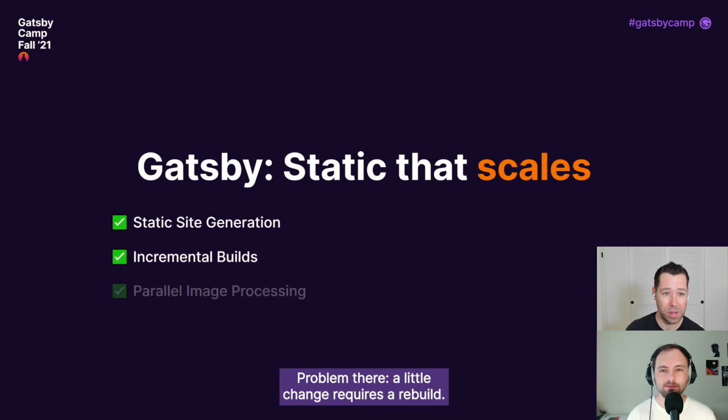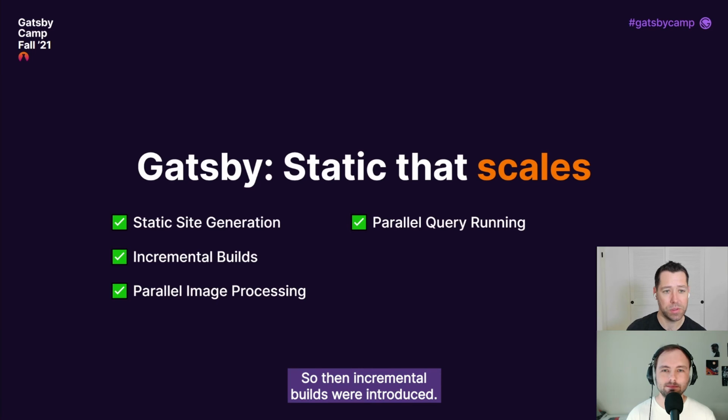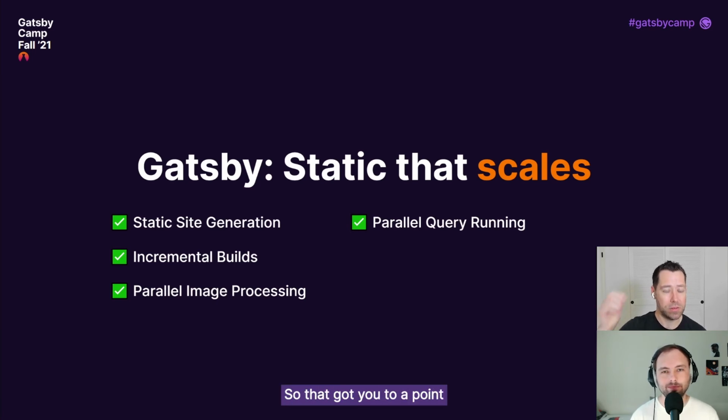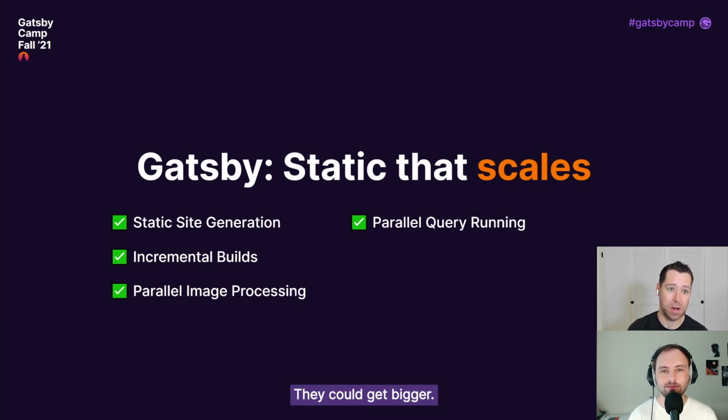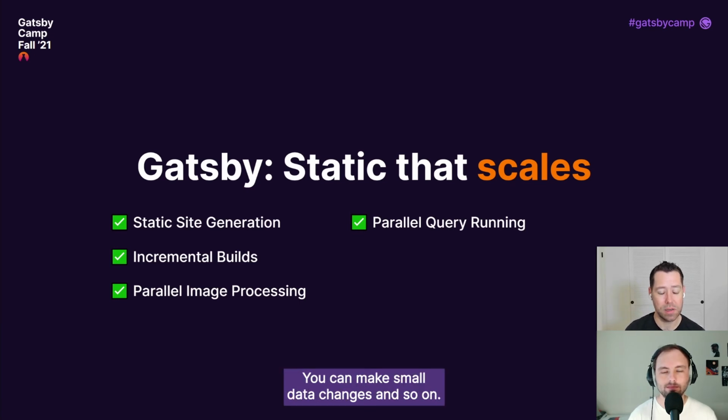Fast sites. Problem there, a little change requires a rebuild. So then incremental builds were introduced. That got you to a point where you could still have those great fast sites. They could get bigger. You could make small data changes and so on. You're not going to rebuild the whole site. Next thing that cropped up was parallel image processing, which was really expensive. It became the next big bottleneck to tackle because you want beautiful imagery on your site.